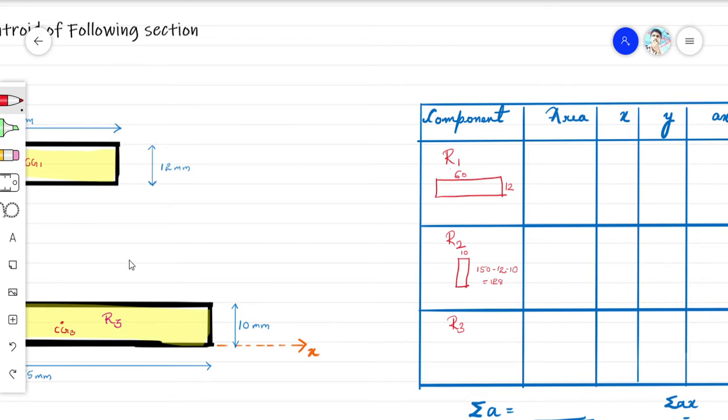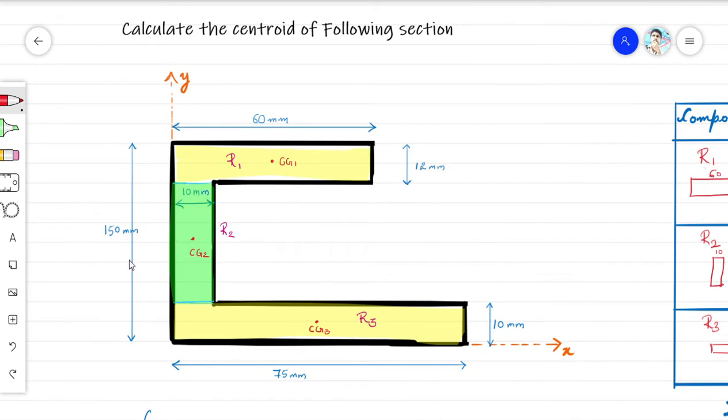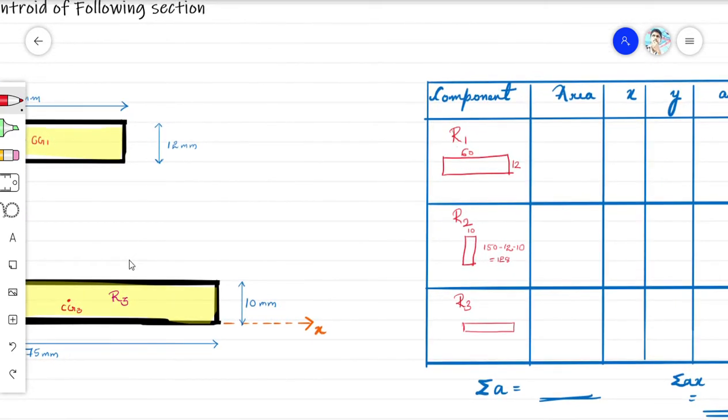And the last one, rectangle R3, we are talking about this part, which is 75 into 10. So we write 75 and over here 10.